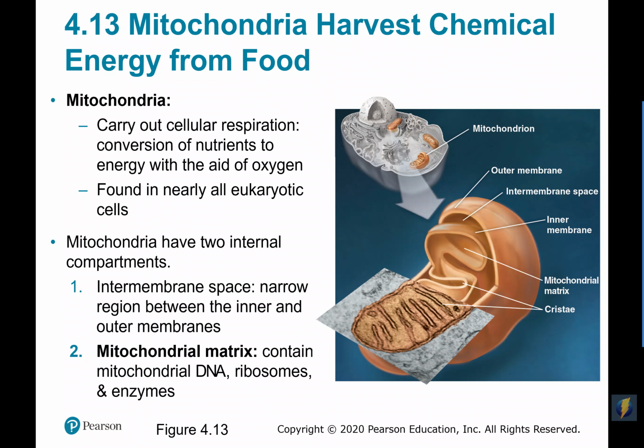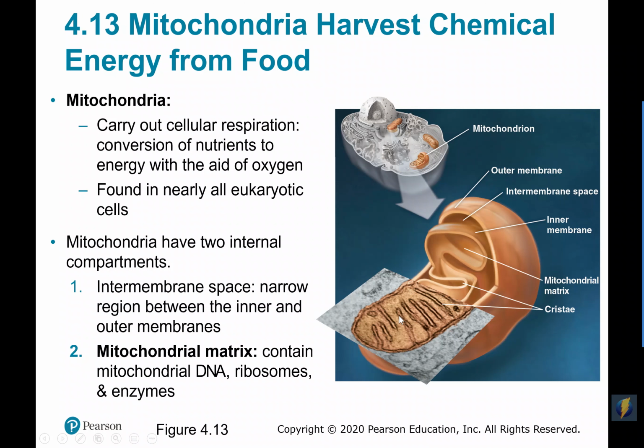So mitochondria have a very specific shape. They have two internal compartments: an outer membrane and then an inner membrane. Between the outer membrane and the inner membrane is a narrow intermembrane space. And inside the inner membrane is what we call the mitochondrial matrix.